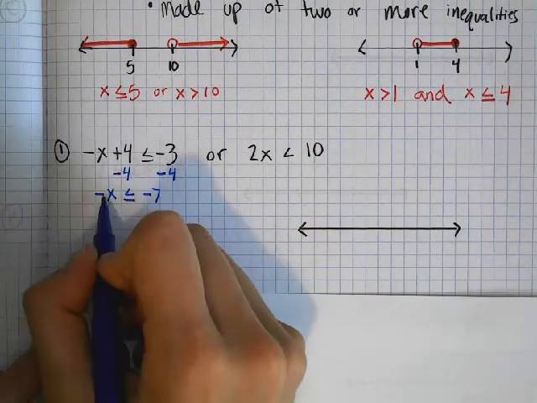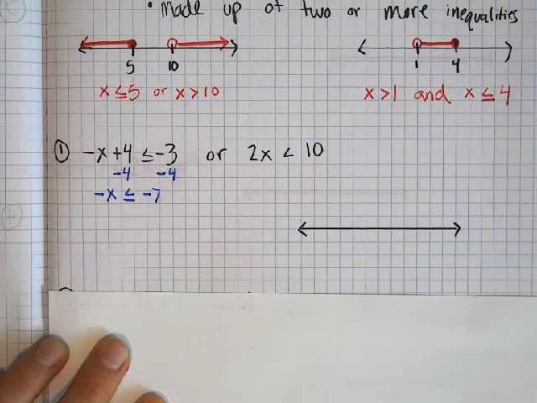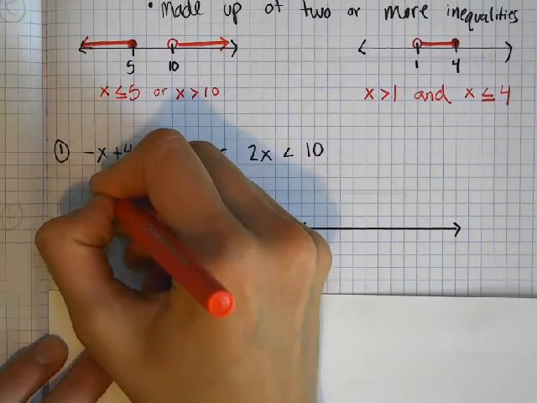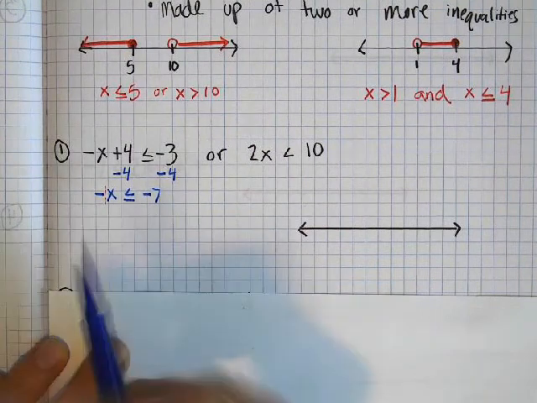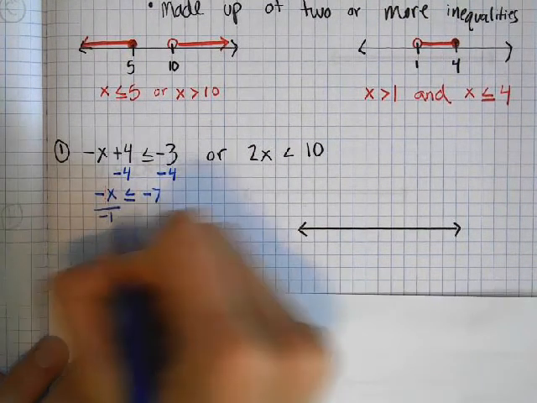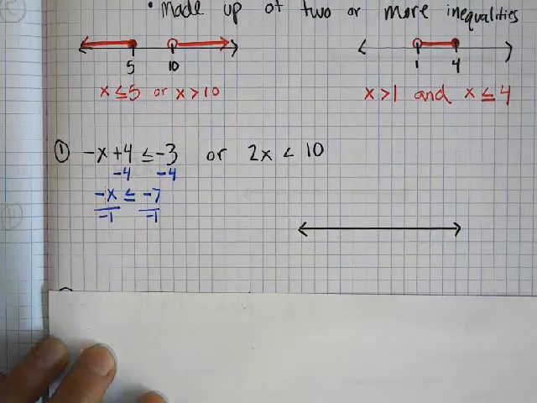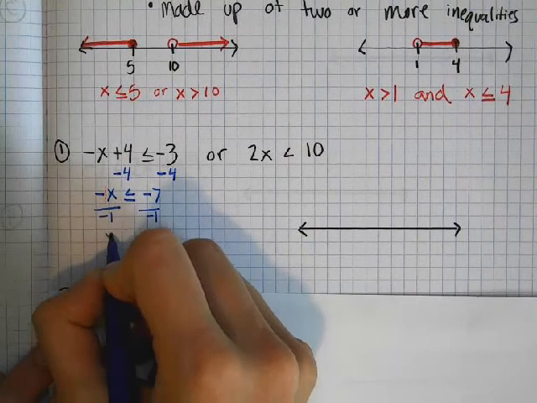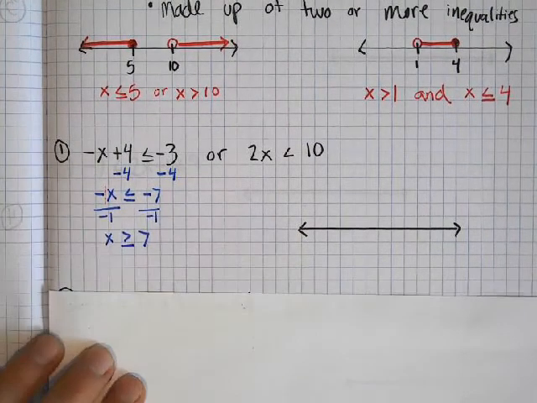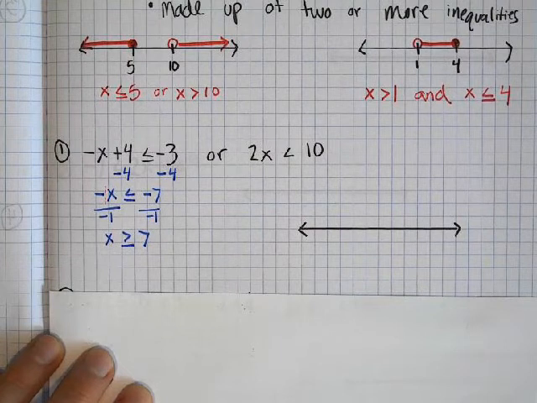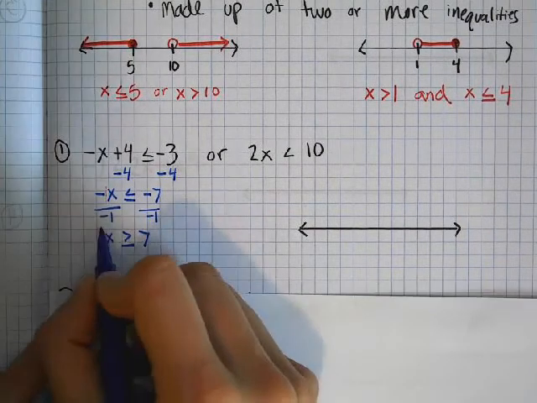Now we're not done yet because this is a negative x. I like to think of it as there is a little invisible 1 right here. So we are going to divide by negative 1 on both sides. And remember, when that happens, we flip our inequality sign. So I've got x is greater than or equal to 7.